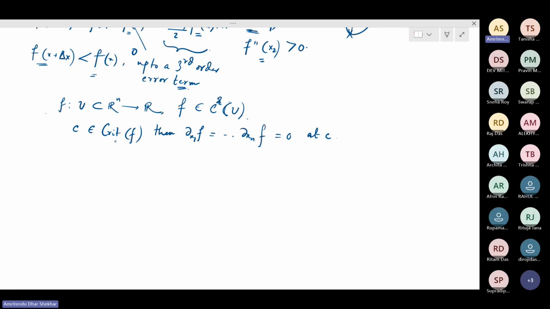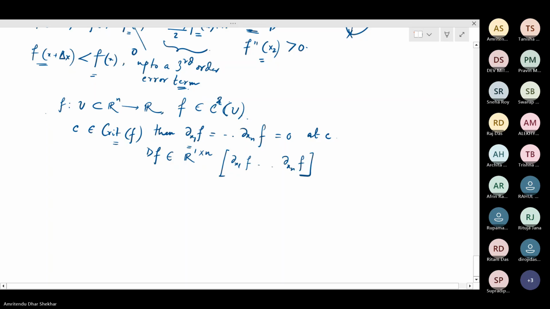The first order derivative d of f is a 1 cross n matrix whose entries are del x1 f up to del xn f. The second derivative of f, which we will call d2 of f, is called the Hessian of f.